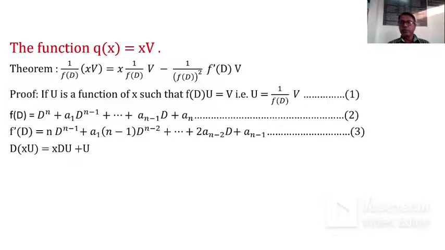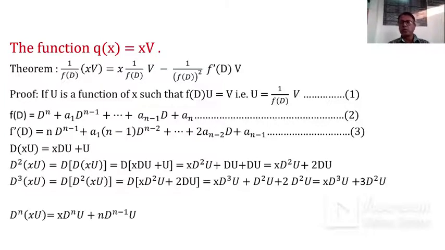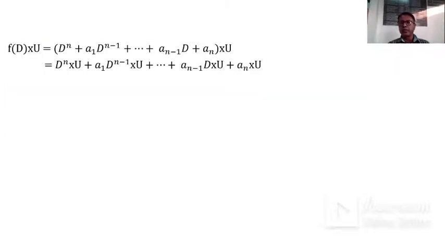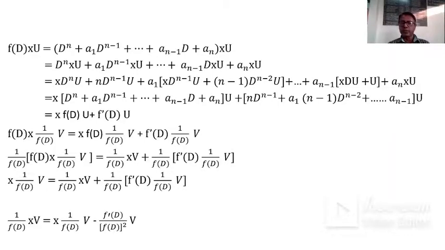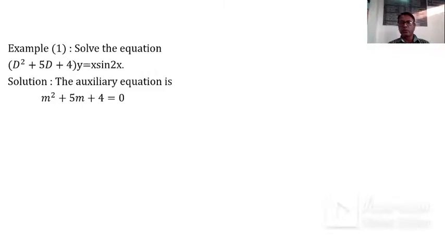Now, in today's lecture, we want to see examples based on this topic, means examples of the type in which the non-homogeneous differential equation is of the type x into v.